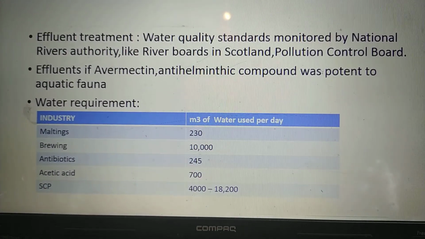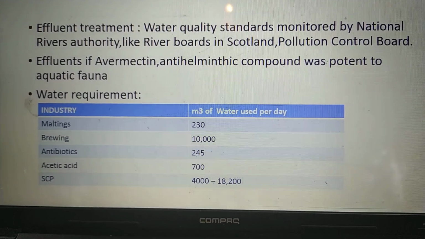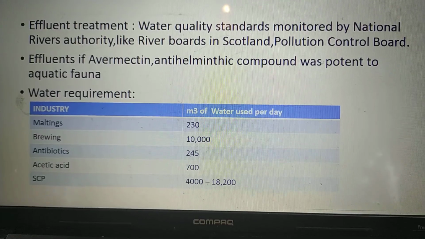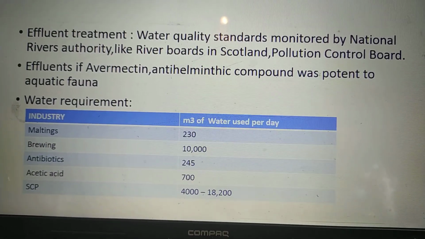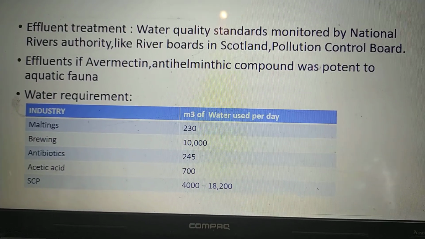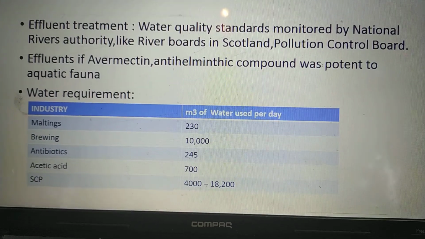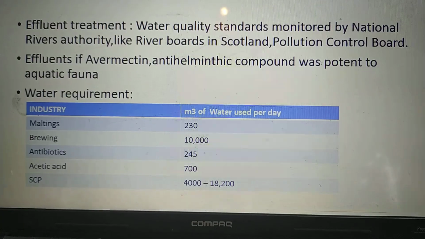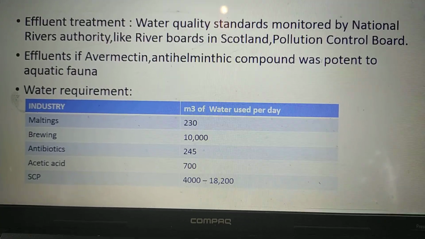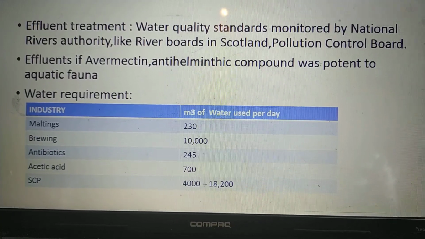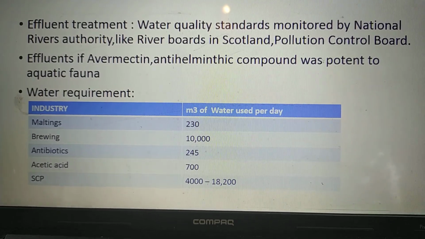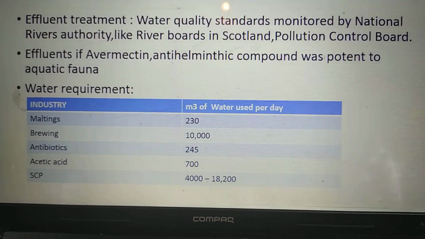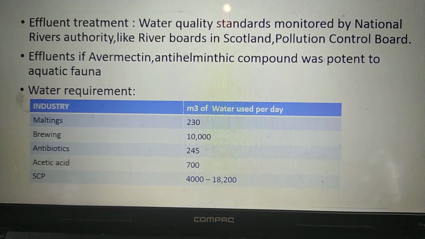Effluent treatment is a very important area, again in the industry, where you need to have a proper look through, because investment is also higher there, because you need to treat the gallons of media. Okay, the industry will be always monitored by certain bodies, like National Rivers Authority, river boards in Scotland, it is different in different countries, like the pollution control boards.